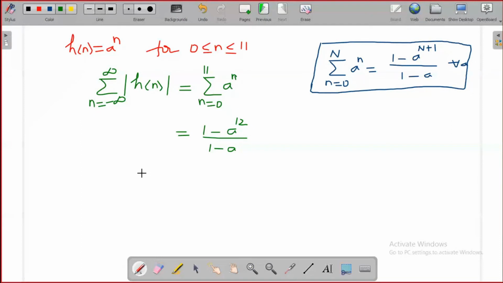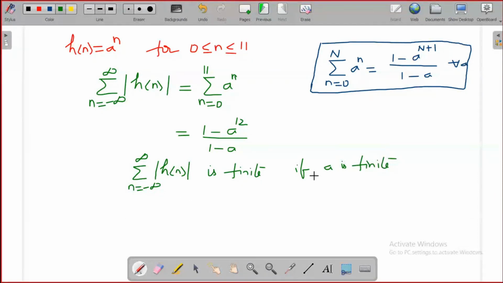So the summation over n from minus infinity to plus infinity of mod h of n is finite if a is finite. The summation becomes finite when the a value is finite.